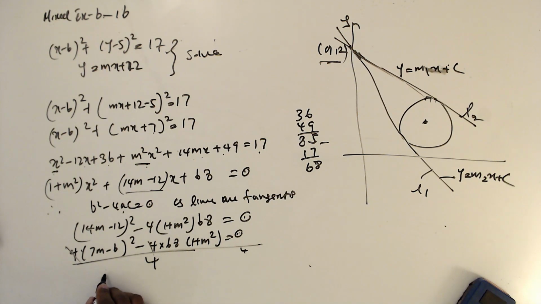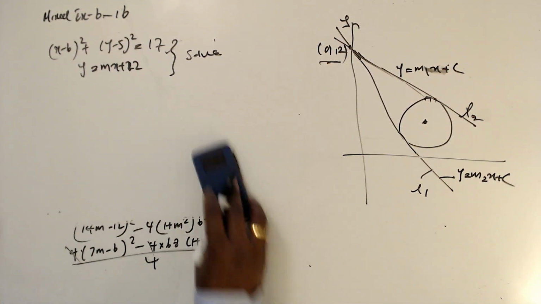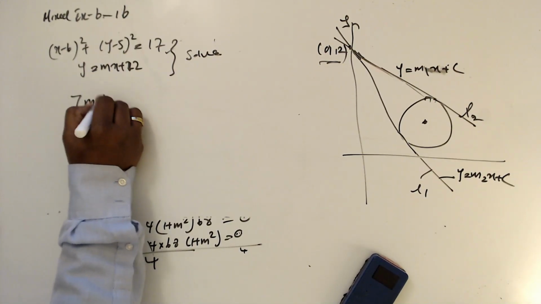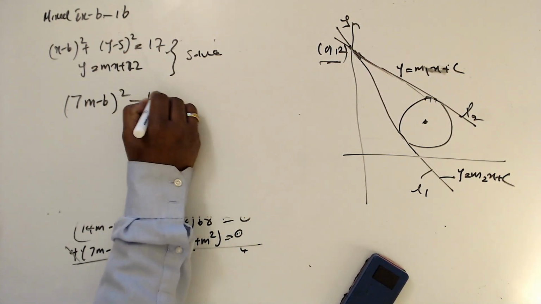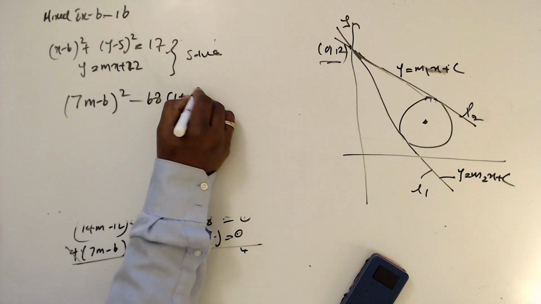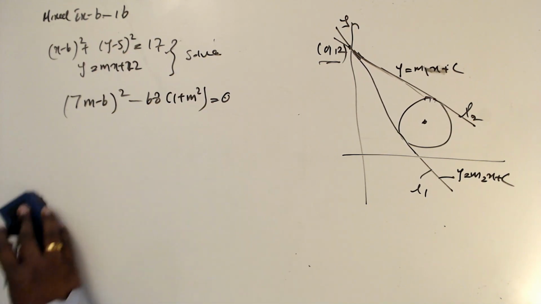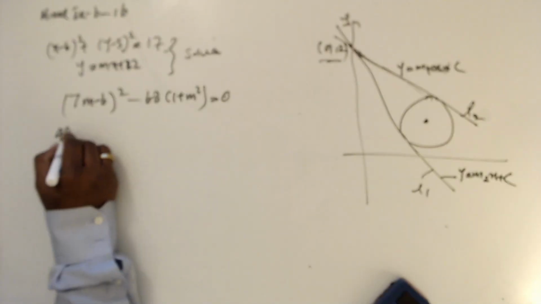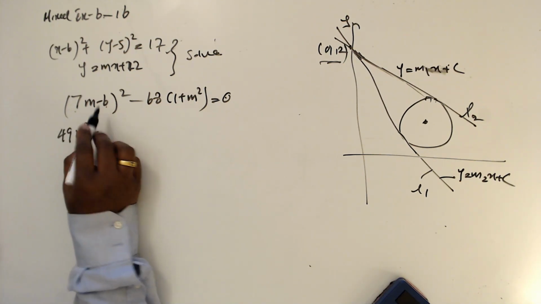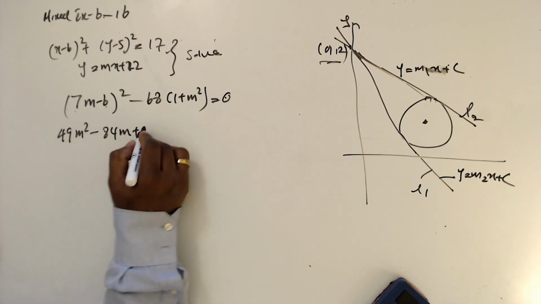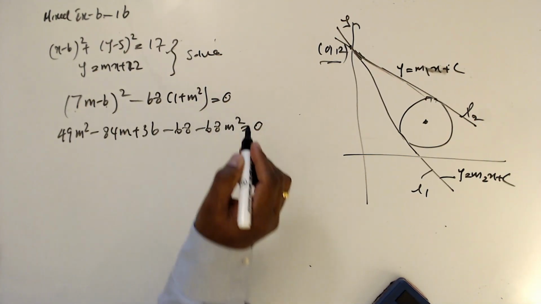So now remaining, 7m minus 6 square minus 68 times 1 plus m square equals 0. So this is going to be 49m square minus 7 times 6 times 2, 42, 84 m plus 36 minus 68 m square equal 0.